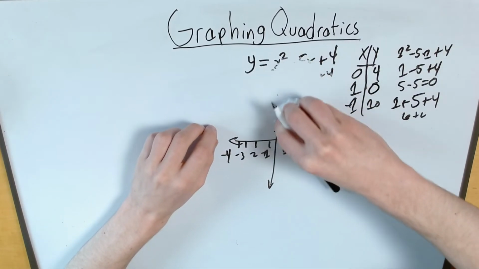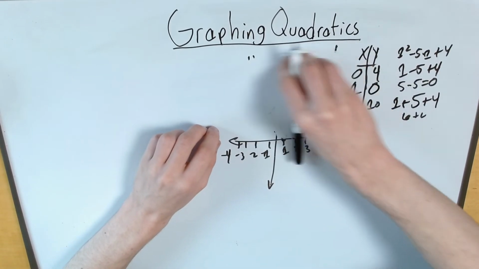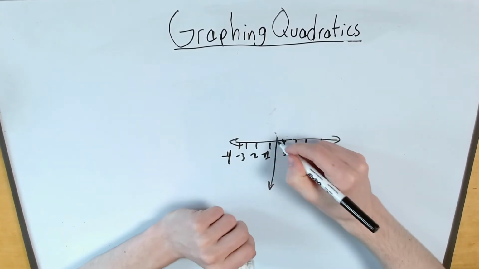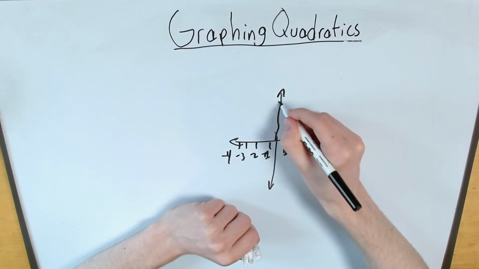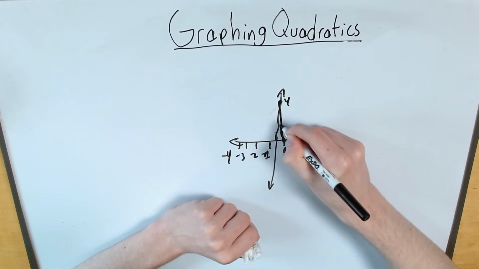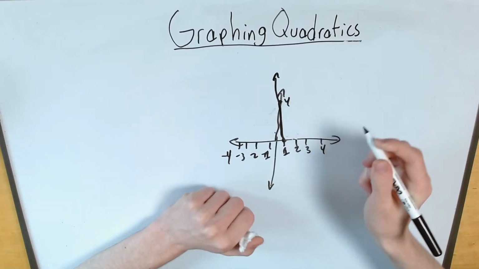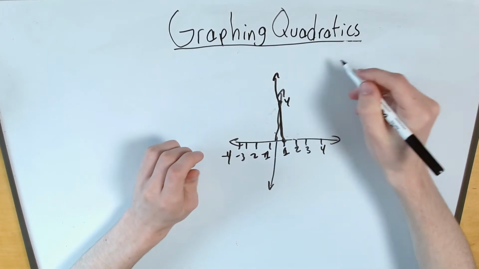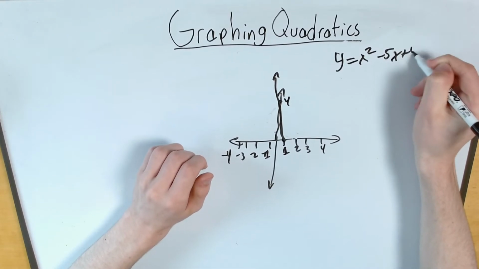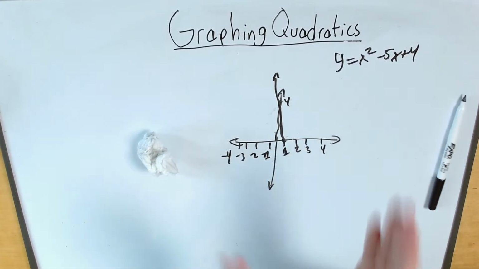I'm going to try to clean that up. But we know we have one curve out of the way. We know a parabola has 2 curves. So let's try to find that other curve.